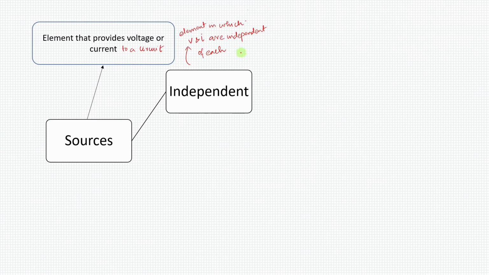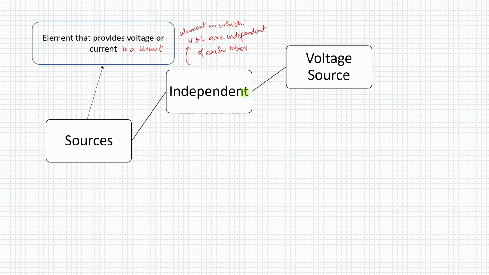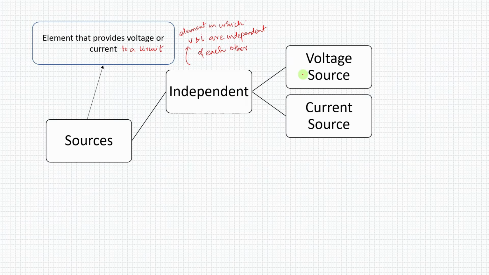We will be seeing each and every source in detail, so you don't have to worry about that. Now we are only concentrating on the definitions. So the independent source is an element in which the voltage and current are independent of each other. Now under this independent source, we are having either an independent voltage source, or an independent current source.